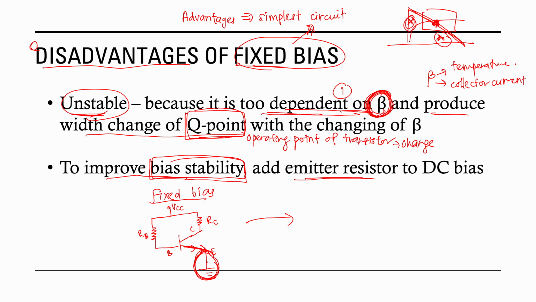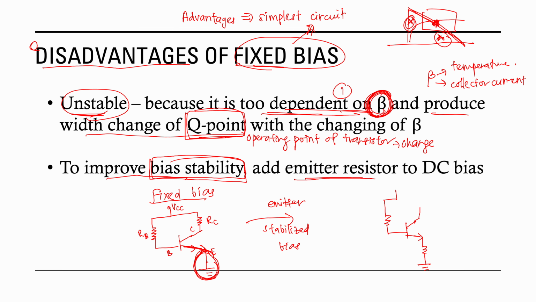there is a circuit named emitter stabilized bias. Meaning that at the emitter they add a resistor.